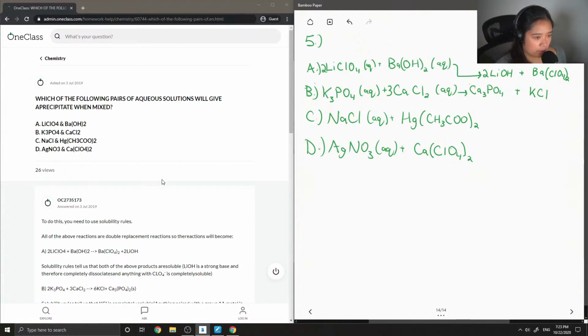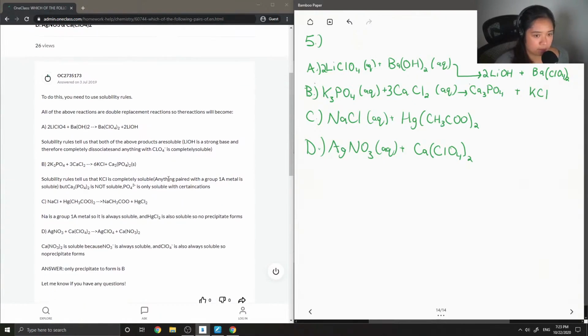See how the junior tutor balanced it. Oh yeah, right. So this one has 2. And then we should be getting 6.